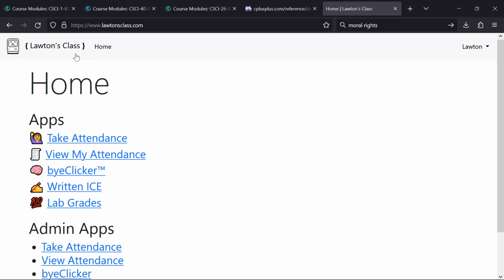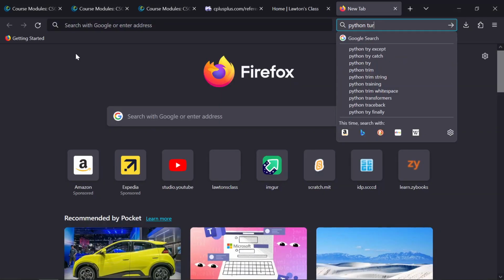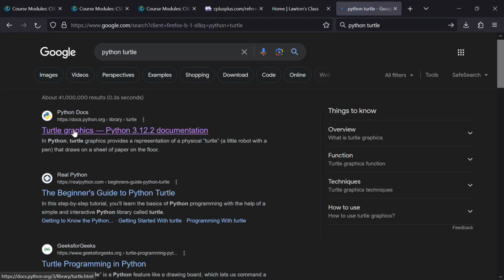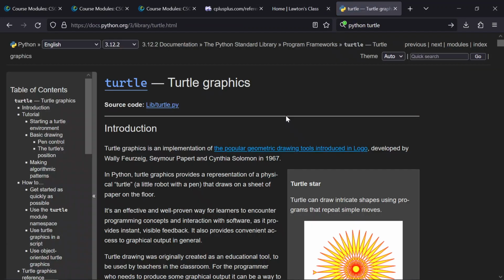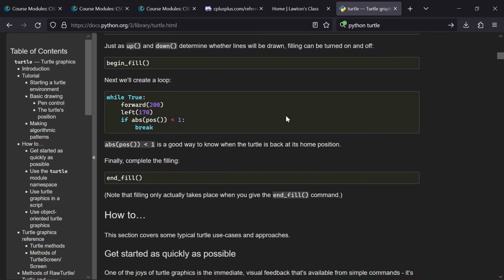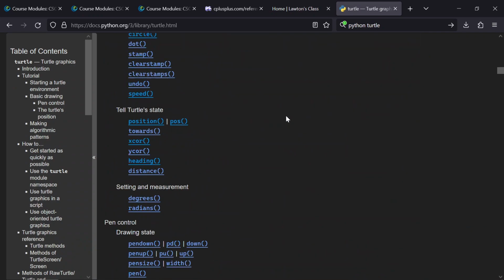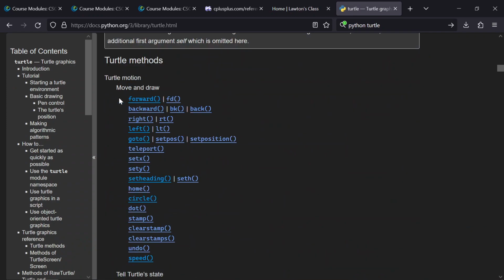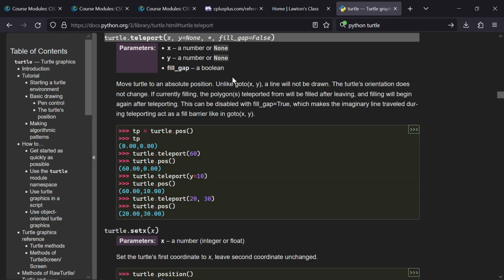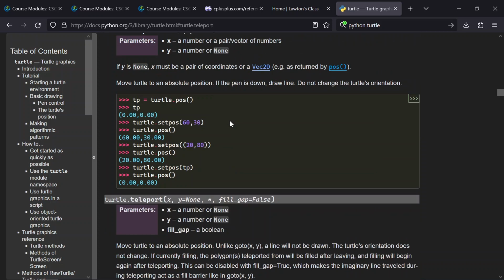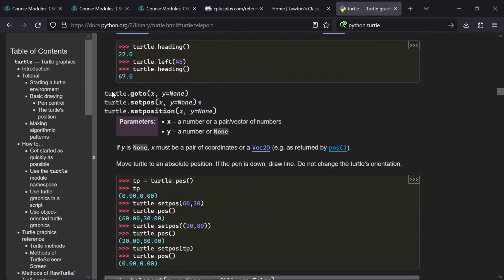In the turtle library, if I search for that, Python turtle, there is, in addition to go forward, even a backward, I think, in your current direction. You can do more than that. So forward, backward, turn left, turn right. In addition there's one called teleport that moves the turtle somewhere without drawing something. But I'm just going to teach you one called goto.